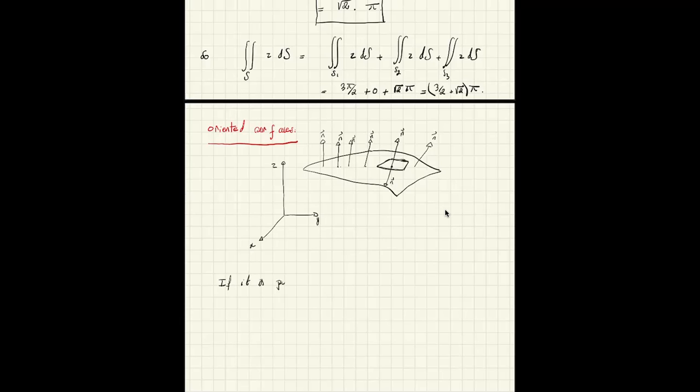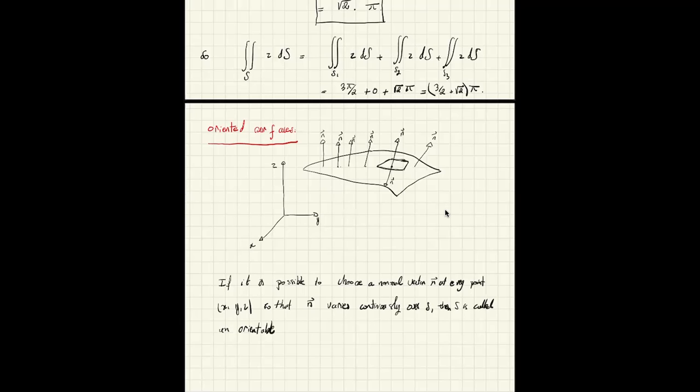If it is possible to choose a normal vector at every point x, y, z, so that n varies continuously over S, then S is called an oriented surface.